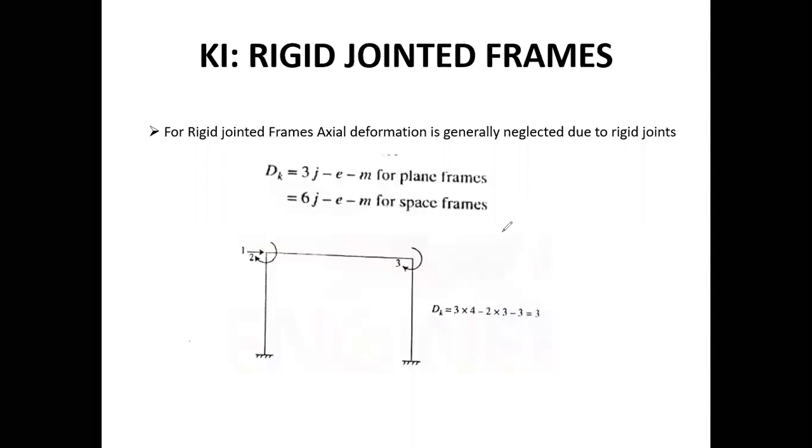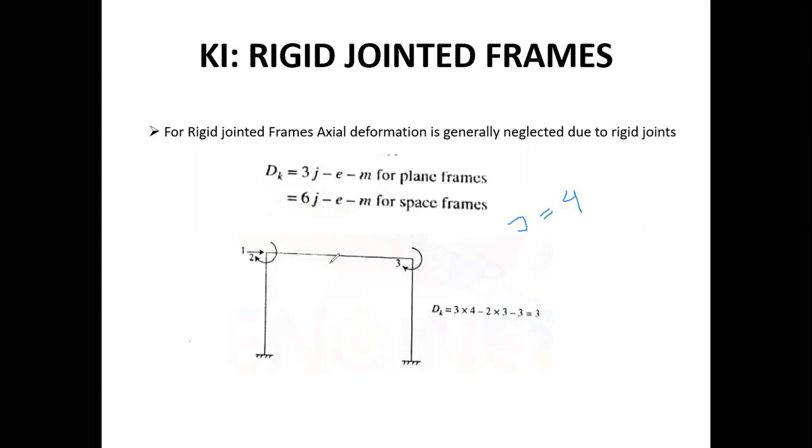The number of joints, first of all, in this case is 4. This is the first joint, this is the second joint, this is the third joint, and this is the fourth joint. The number of reactions is 3 over here and 3 over here.